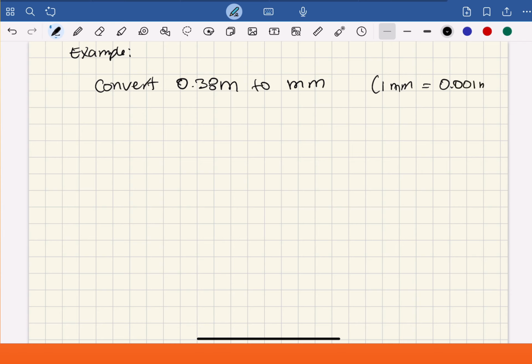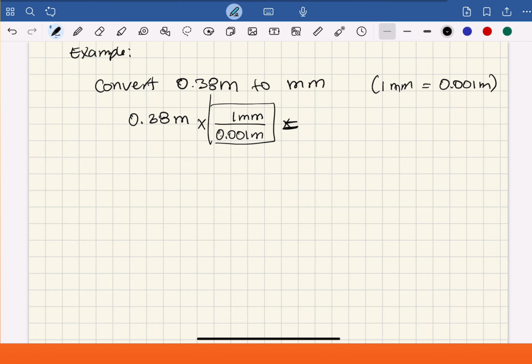When you're trying to do the conversion, you start with what you have, which is 0.38 meters, and here you multiply by the conversion factor. The meters are in the denominator, 0.001 meters, so that you're able to cancel out, and what you want is in the numerator, the 1 millimeter.